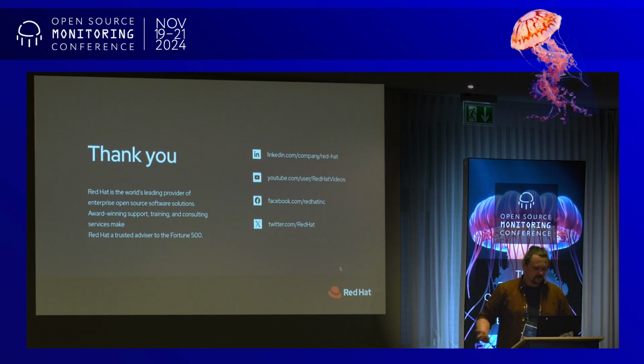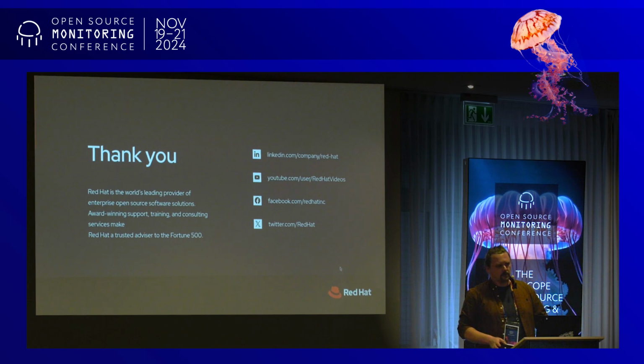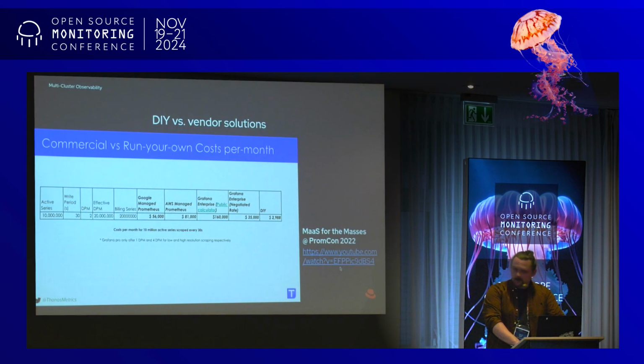So the largest customers use that. So we're talking about thousands to tens of thousands of clusters we're monitoring with that. We have 200 million active series for that currently, scraped every 30 seconds. So in that example here, it's basically 20 times that per month. So yeah, this is where we really can save a lot of money.